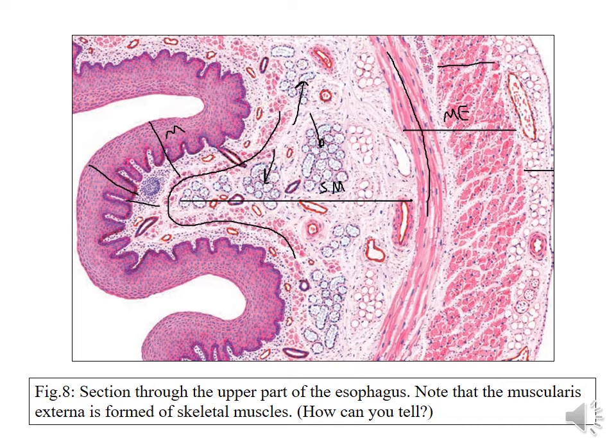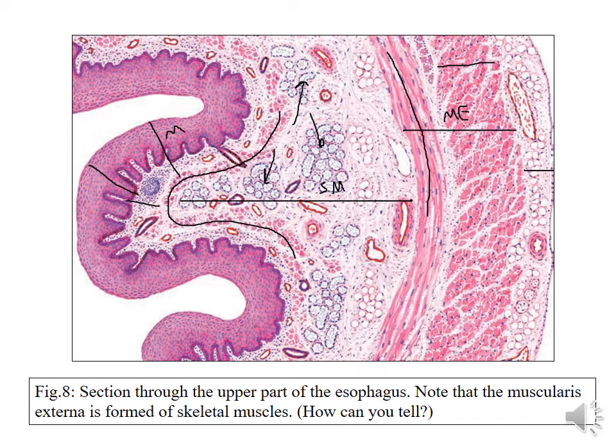Now, this is a cross-section through the esophagus. When I take a cross-section through the esophagus, I have the circular muscle. This means that I am taking the longitudinal section through the muscle fibers, because the circular fibers run along the diameter of the esophagus.